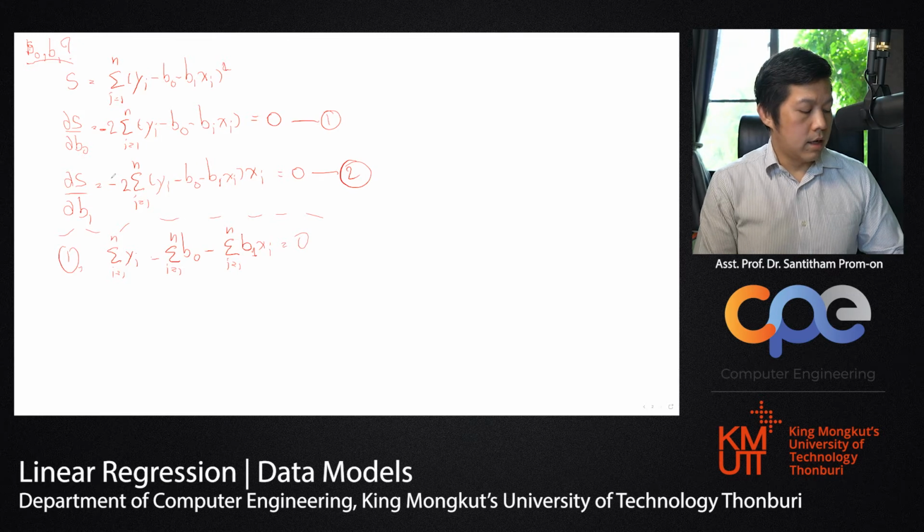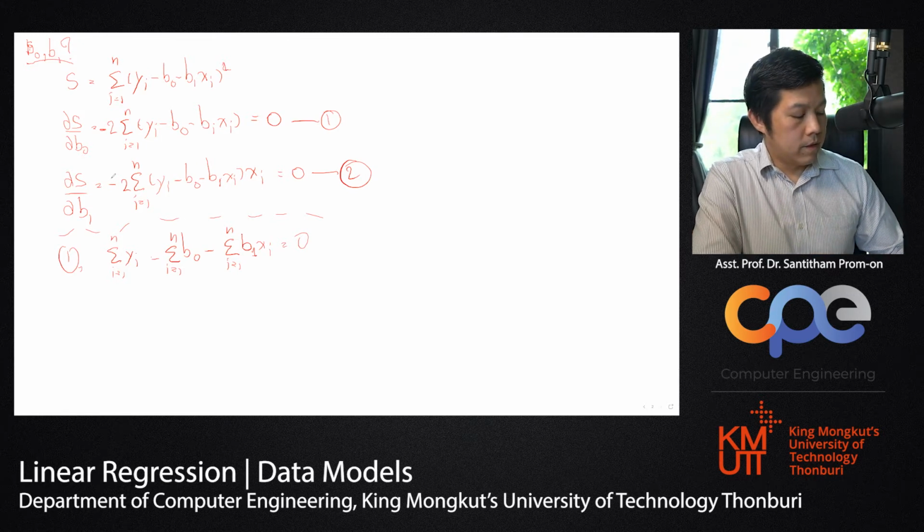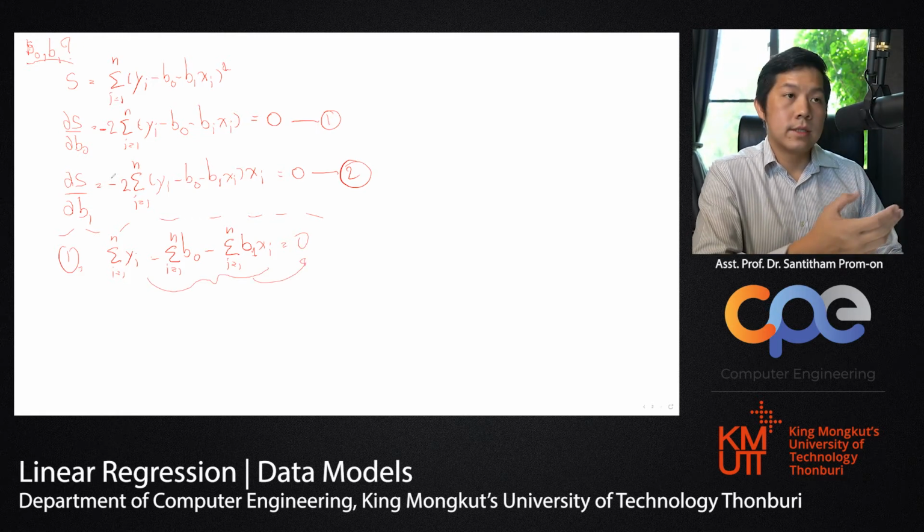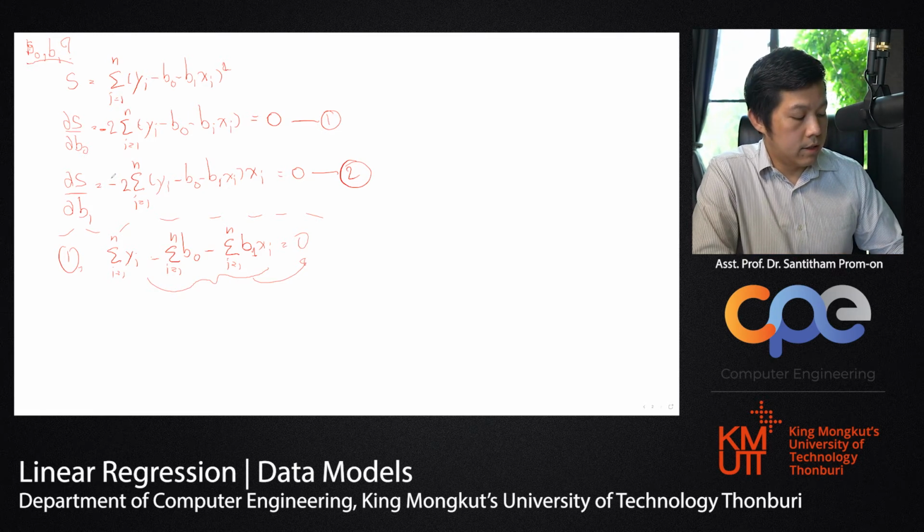Rearrange the terms here. I'm going to move this, switch sides basically. The sum of a constant value n times results in n b0, right?